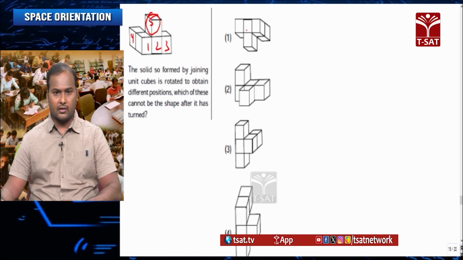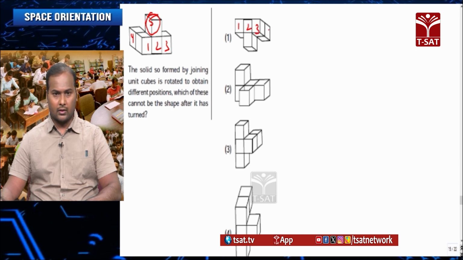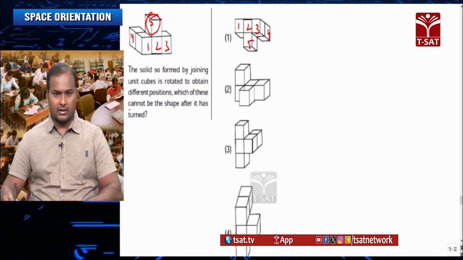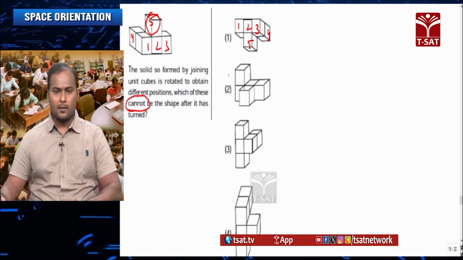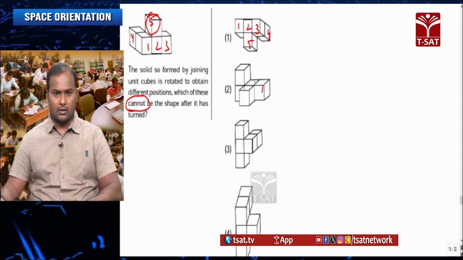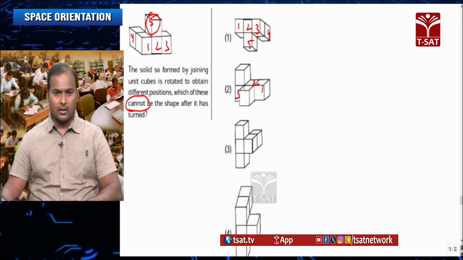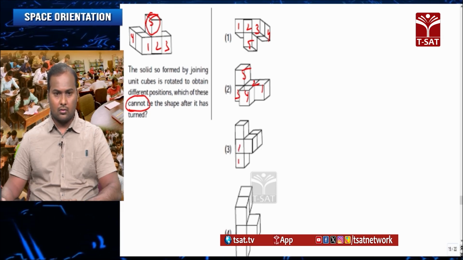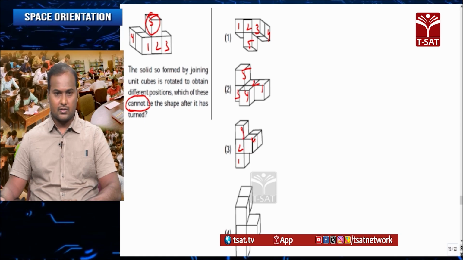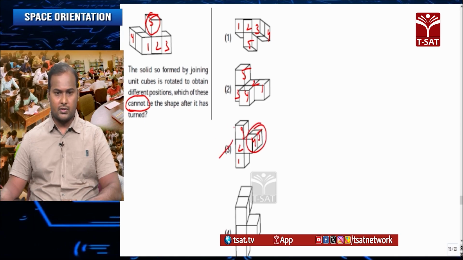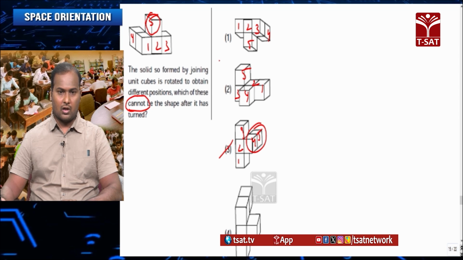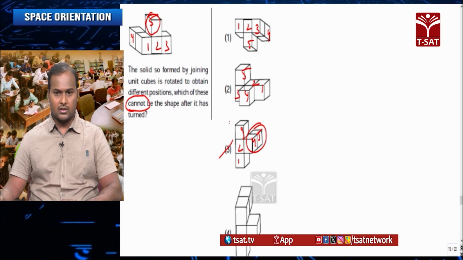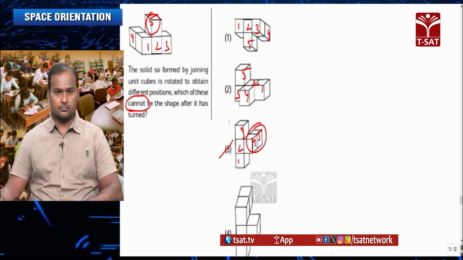Here also see, 4 is on one line, 1, 2, 3, 4 and the fifth one is on top. So this is possible. He is asking which cannot be the shape. See the second option. Second option also 1, 2, 3, again 4, 5 is on the top. Check the third option here. 1, 2, 3, these are in one position, whereas 4 and 5 are on the top. So option 3 cannot be the rotation of the question figure, and it is the answer. Options 1, 2, 4 are rotations of this question figure, whereas 3 is not.